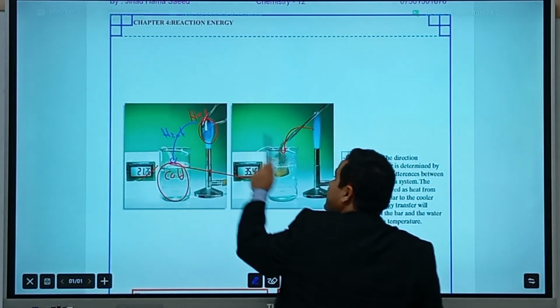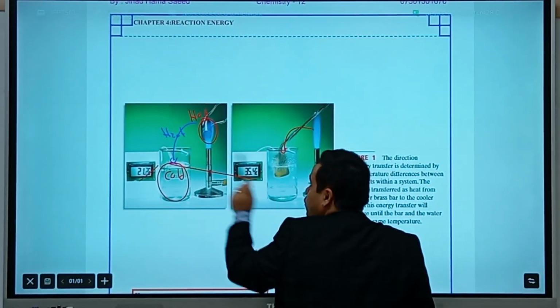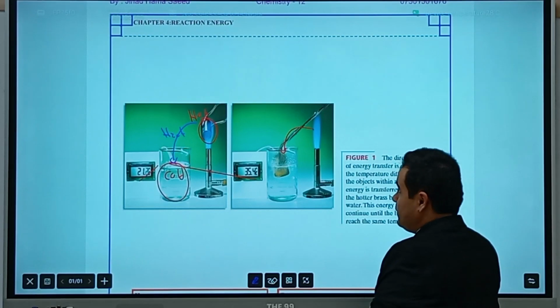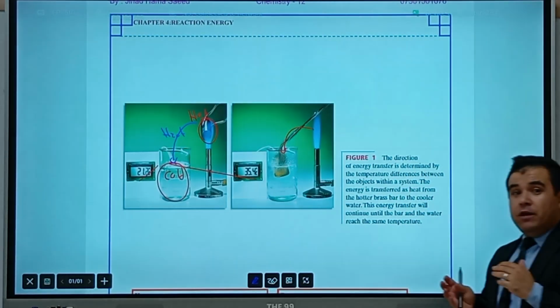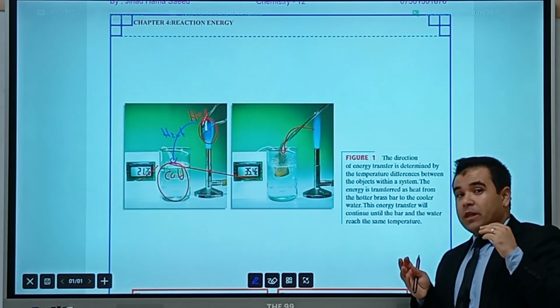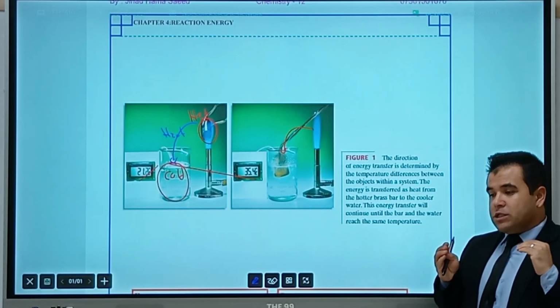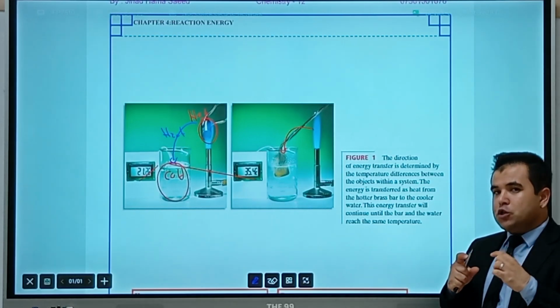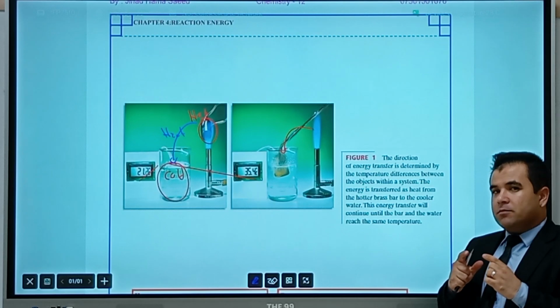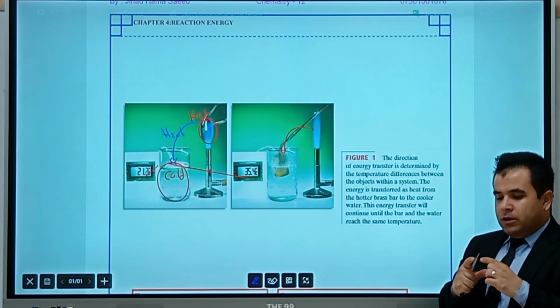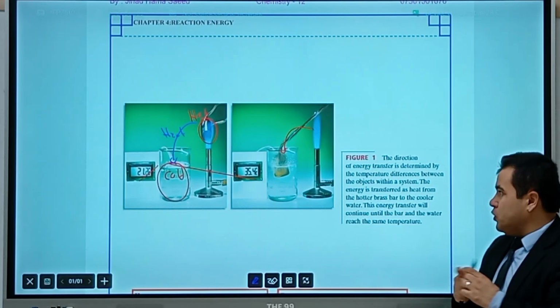The hotter object is at a higher temperature. The colder object is at a lower temperature. The transferring of heat from the hotter to the colder continues until they reach the equilibrium position, where both systems or both objects have the same temperature.